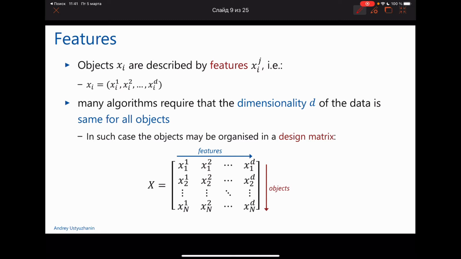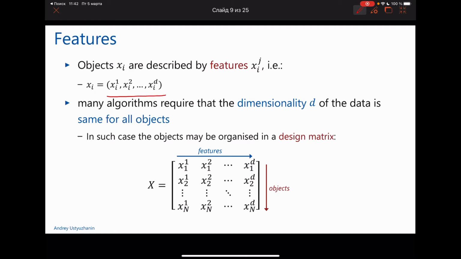So how do you usually describe your set of objects? One assumption is that you can use so-called features. These are properties that you can store as numbers or as strings, so as kind of unitary elements.